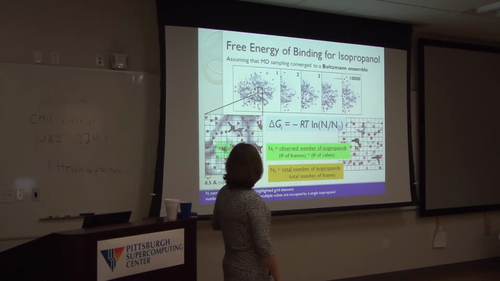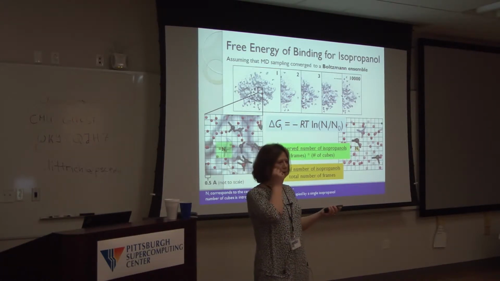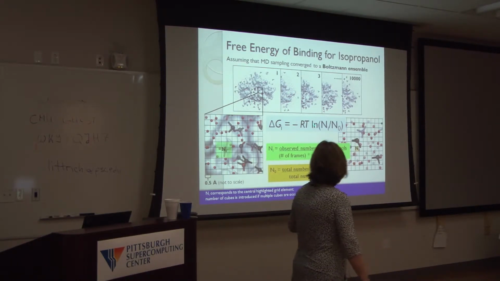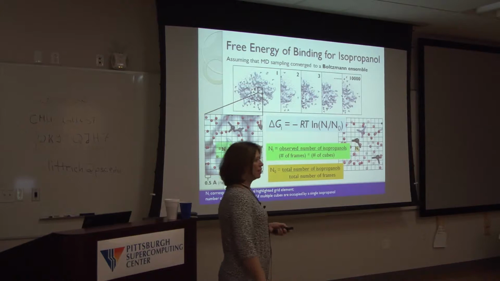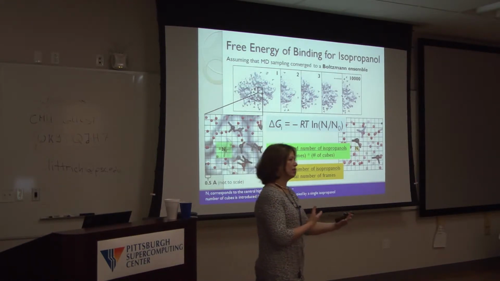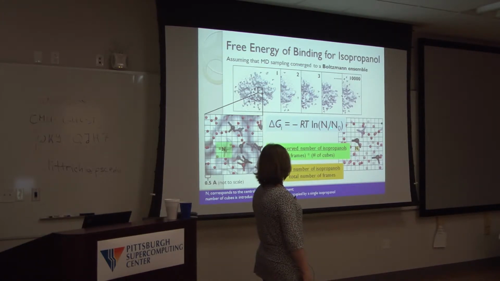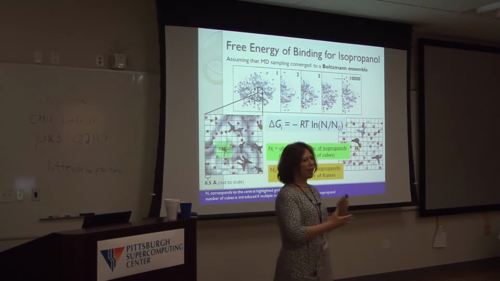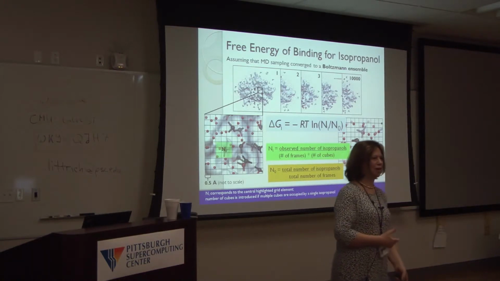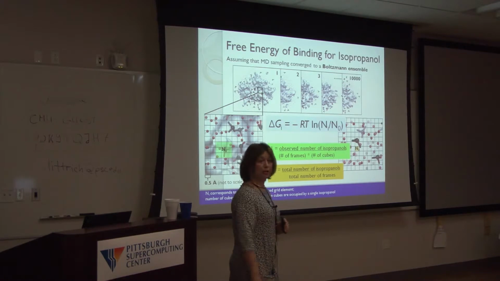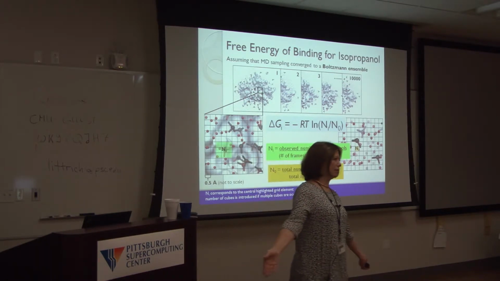But at some points, you have a higher probability. These points are enriched in isopropanol. And this is the enrichment ratio. And if certain positions are more likely to have more than average isopropanol molecules, then these regions have a high affinity for binding isopropanol. And the binding affinity is simply calculated by this simple equation, as simple as that.